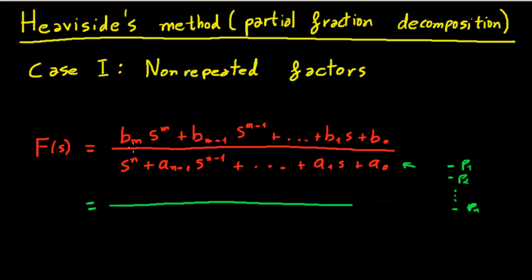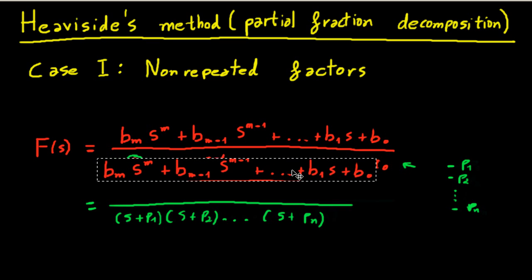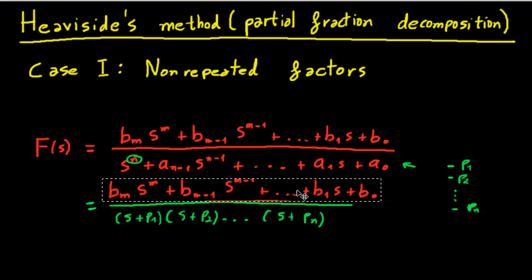It has to be n because of this n here. So the denominator is rewritten as s plus p1 times s plus p2 times s plus pn, and the numerator doesn't need to be changed. We can copy it right here.